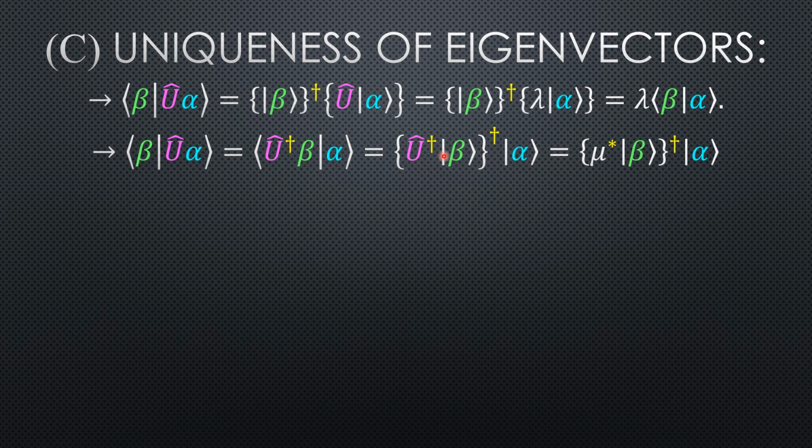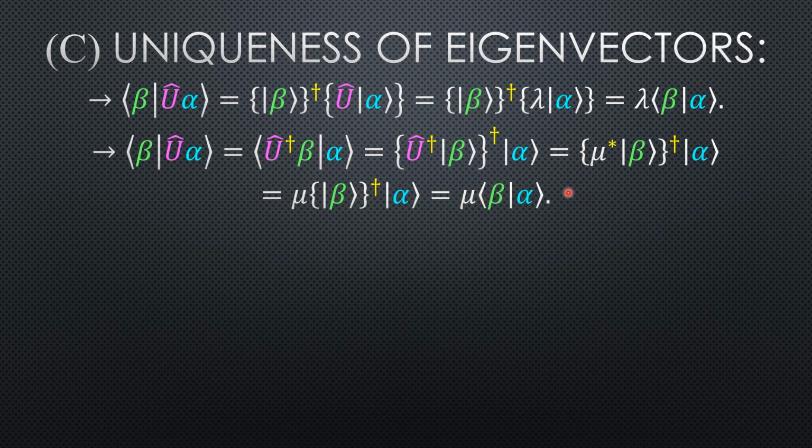And we know that U dagger beta equals mu conjugate with the beta vector in the dagger notation. So from there, take the mu out of the dagger. 2 conjugates puts us right back to the actual value or the original value. Then the dagger on the ket turns that into a bra and we get back the inner product.